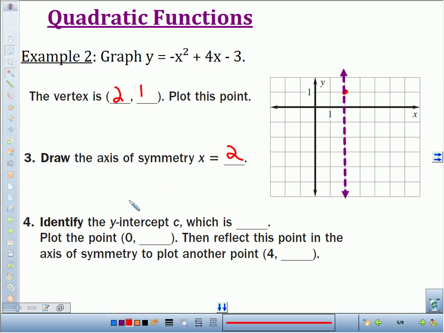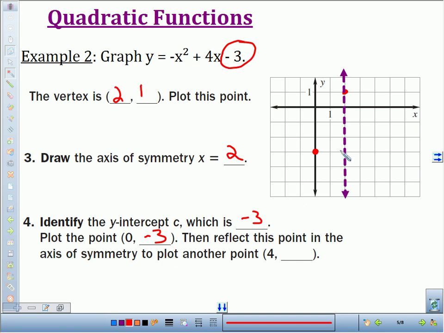The next thing we want to do is identify the y-intercept C. Easy enough. C is negative 3. That means that the point 0, negative 3 is on our graph. So I'm going to go to the point 0, negative 3, and here it is, and I'm going to plot a point. Then I'm going to reflect this point on the axis of symmetry to plot another point.